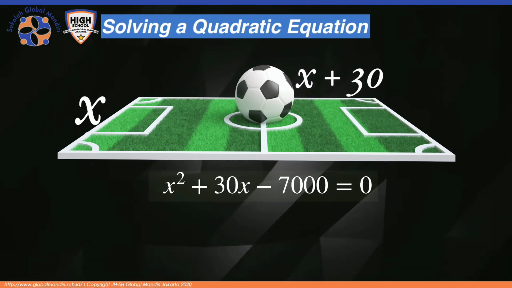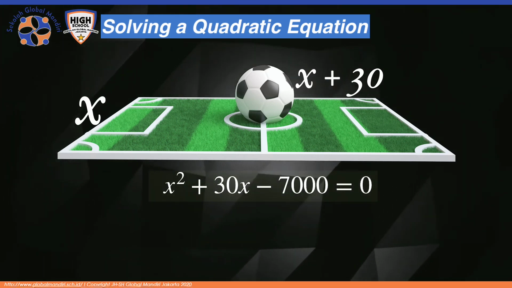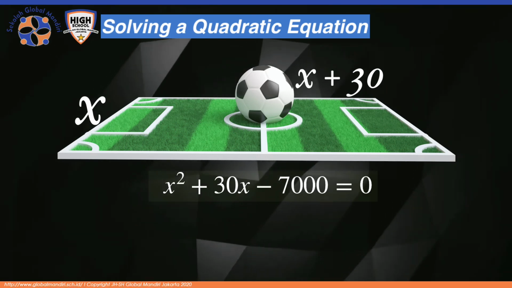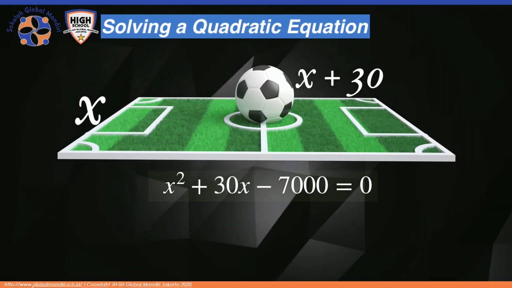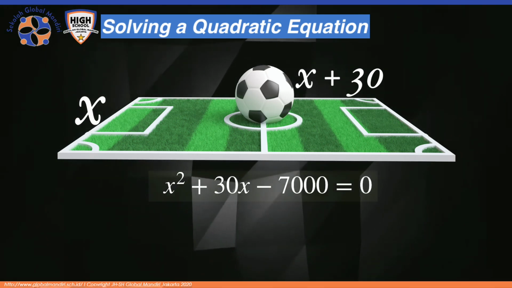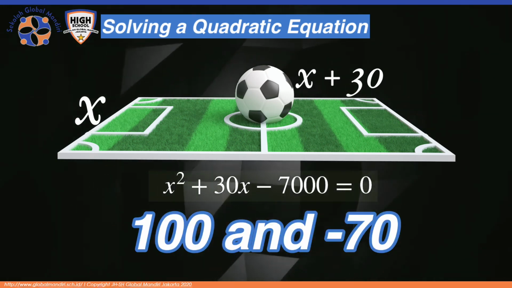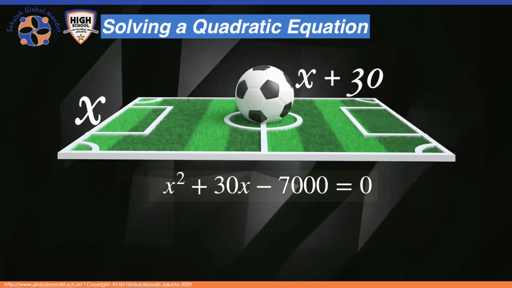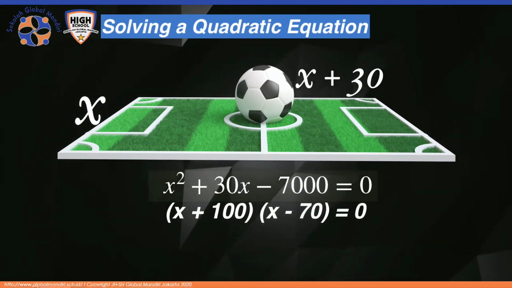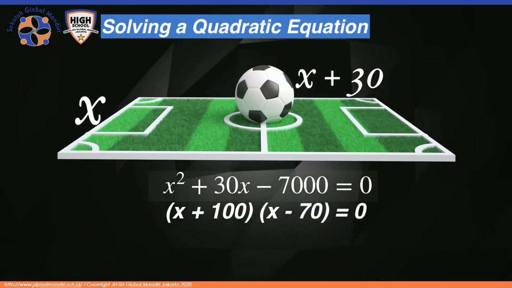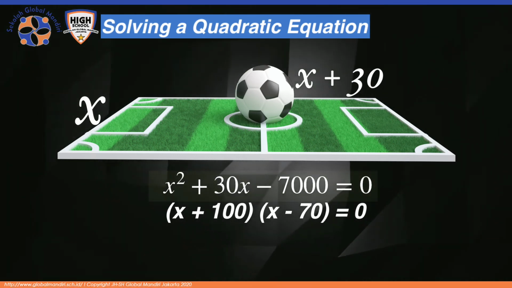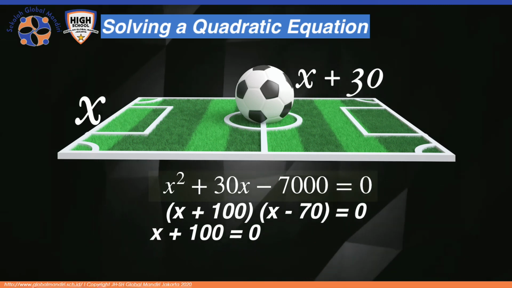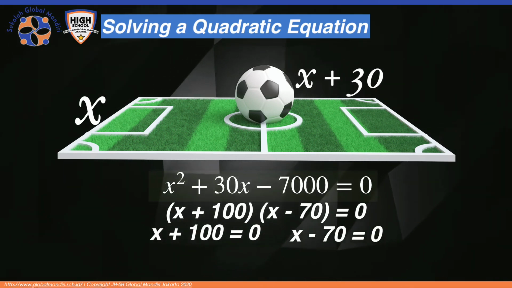Kita cari dua buah bilangan yang jika kita jumlahkan hasilnya adalah 30 dan jika kita kalikan hasilnya adalah negatif 7000. Dan bilangan tersebut adalah 100 dan negatif 70. Lalu kita tuliskan menjadi x plus 100 dikali dengan x minus 70. Kemudian x plus 100 sama dengan 0 dan x minus 70 sama dengan 0.